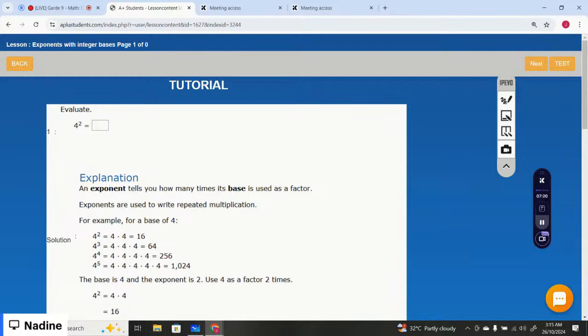So 4 square. 4 is the base and 2 is the exponent, right? So exponents are used to write repeated multiplication. 4 square means you have to multiply 4 two times.